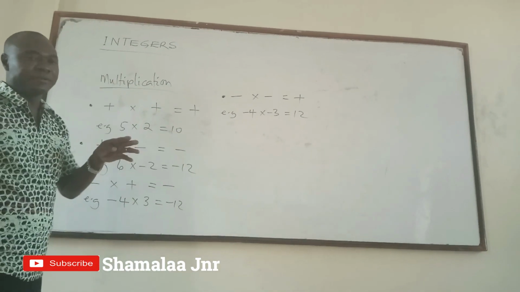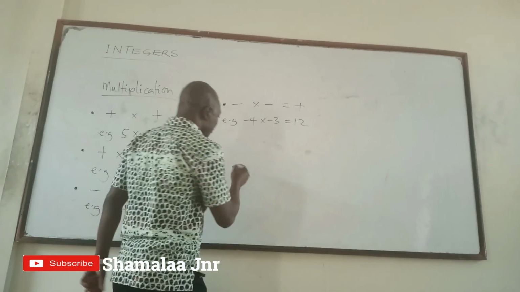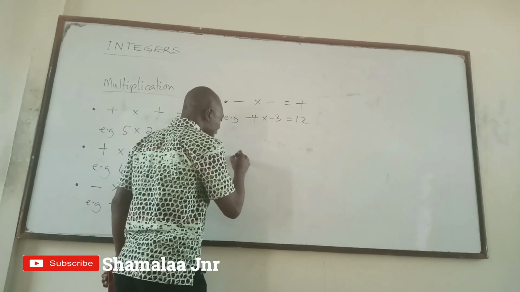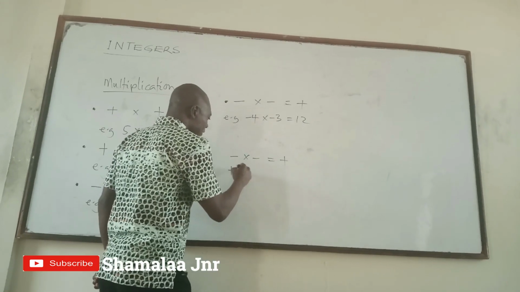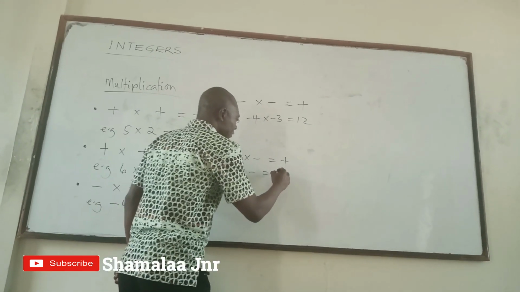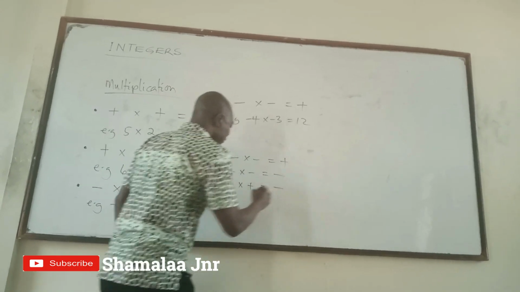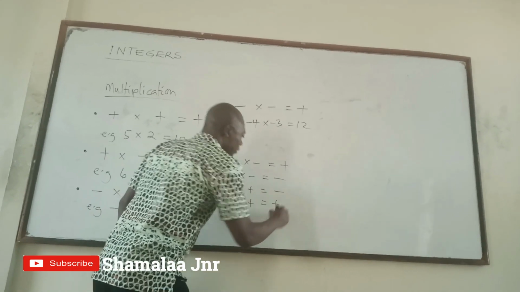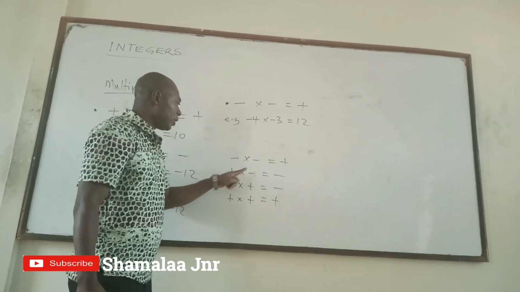You can see, when you're teaching children, you can say negative times negative is what? Positive. Positive times negative is negative. Negative times positive is negative. And then positive times positive is equal to positive. So we say nege po.